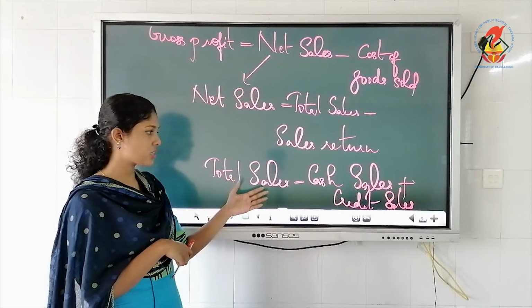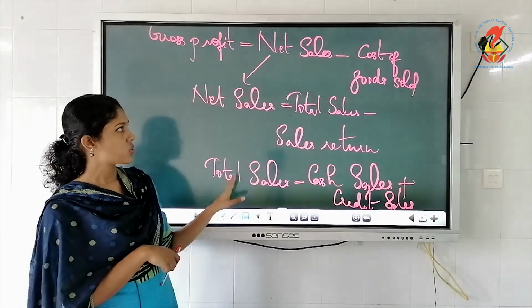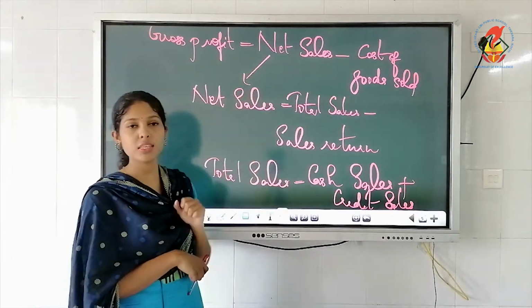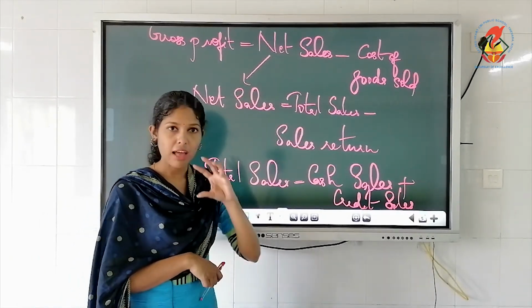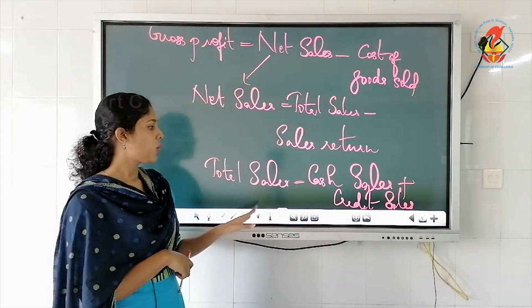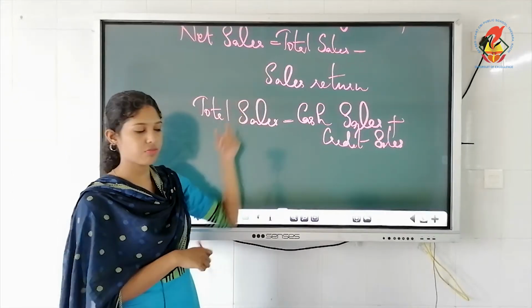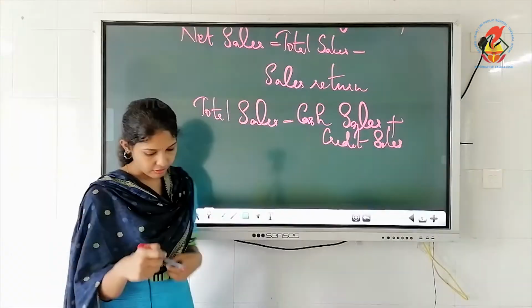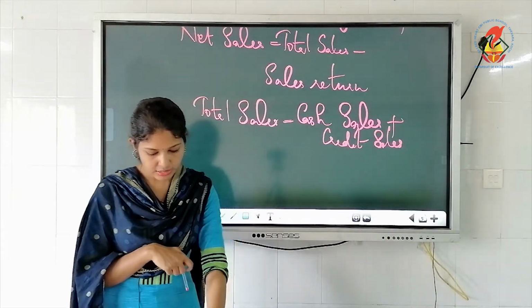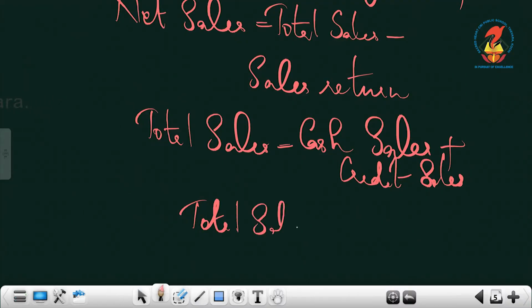Similarly, total purchases will be cash purchases plus credit purchases. So here in this question, how will you get this net sales? We don't have total sales or net sales directly. What they have given us is cash sales and credit sales. You have to start from this formula. Cash sales and credit sales are directly given, 29,000 and 31,000. So we will get total sales now: 29,000 plus 31,000.